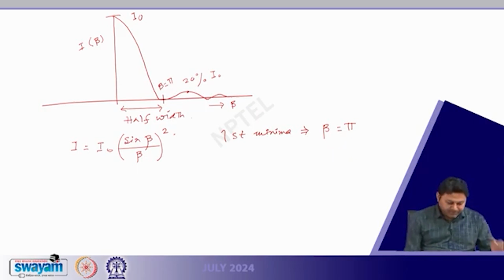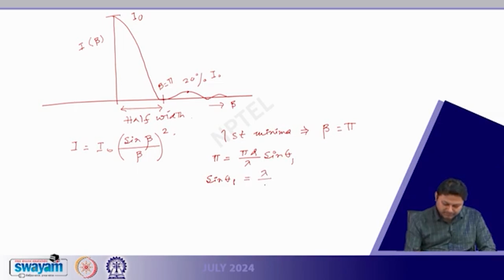That means we have pi equal to pi d divided by lambda times sin theta, for the first minima, and I write theta 1. So, theta 1 is the angular separation from this point to this point. So, that gives me simply sin theta 1 is equal to lambda divided by d.